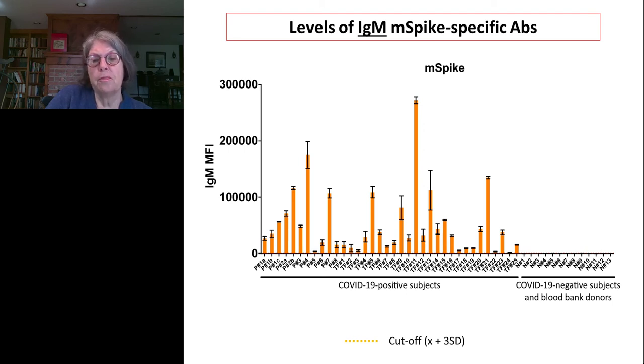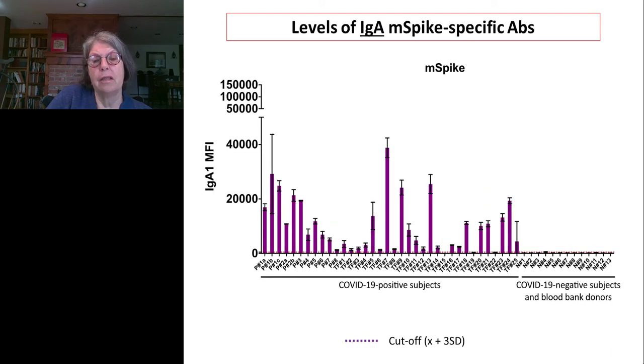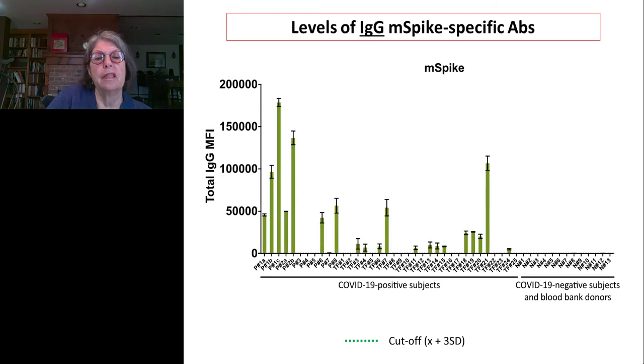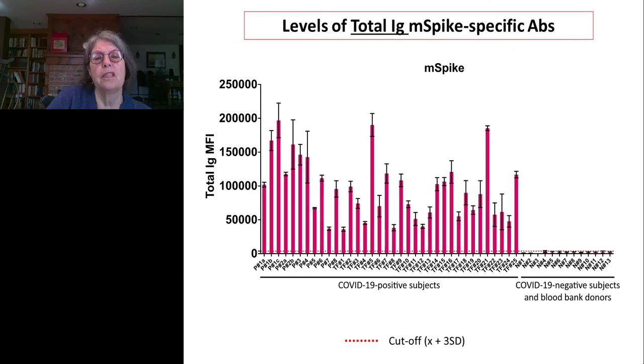And so we could look at patients and say, okay, is this patient, let's say the first bar, in the first quartile for IgM, but perhaps in a higher quartile, the second quartile, for IgA, and is, say, in the second or just barely into the third quartile for total Ig.